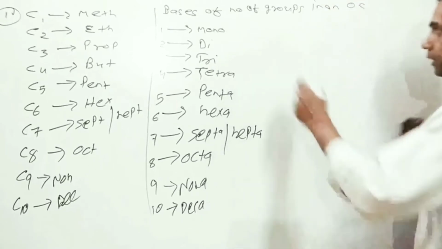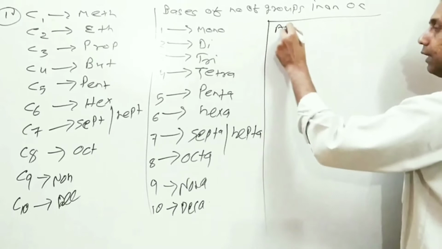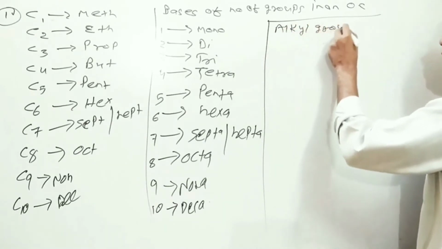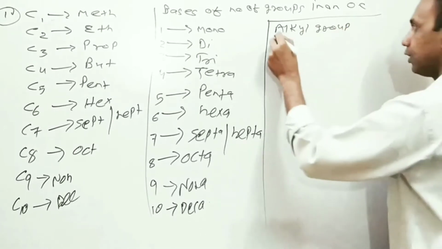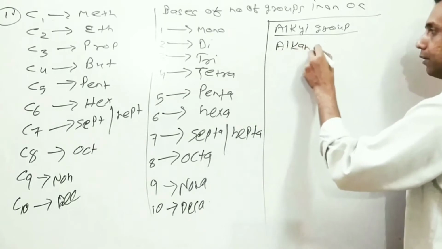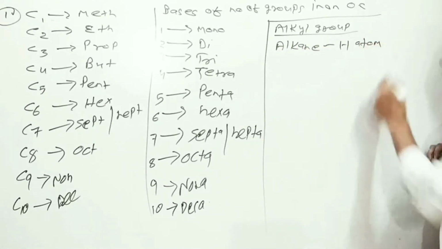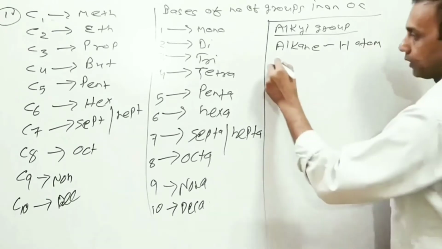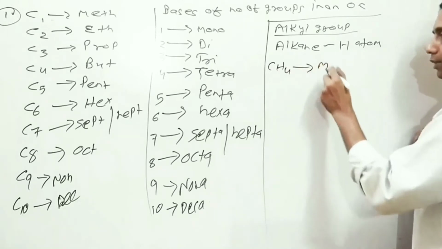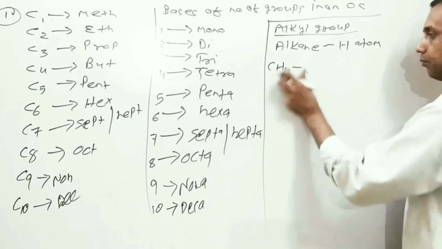The third basic thing I'm taking you through is what is an alkyl group. You need to concentrate here. An alkyl group is made by alkane minus a hydrogen atom. For example, if there is methane, this becomes methyl.